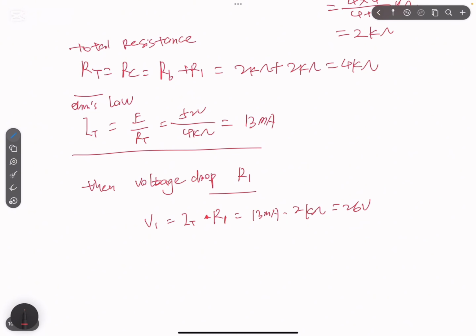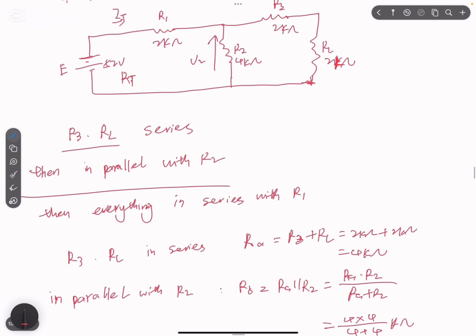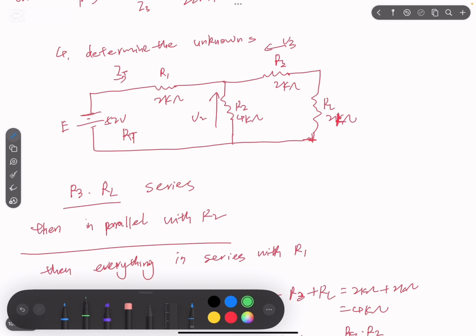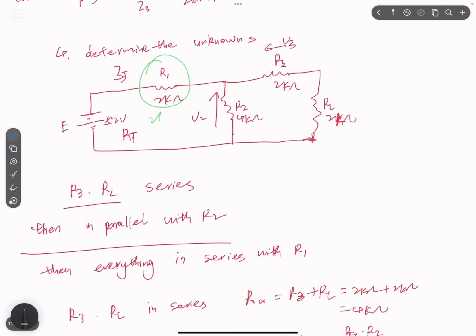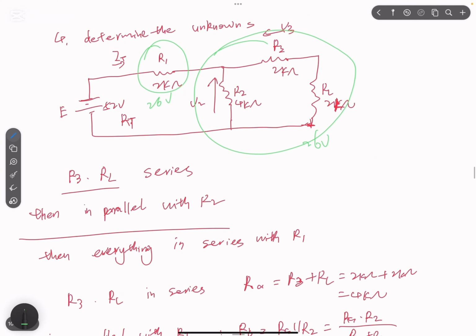Then for the voltage for the parallel part, this is 26 volts, and the whole thing here is 26 volts. So we can get V2. Basically V2 is minus 26 volts because it's on the opposite side.